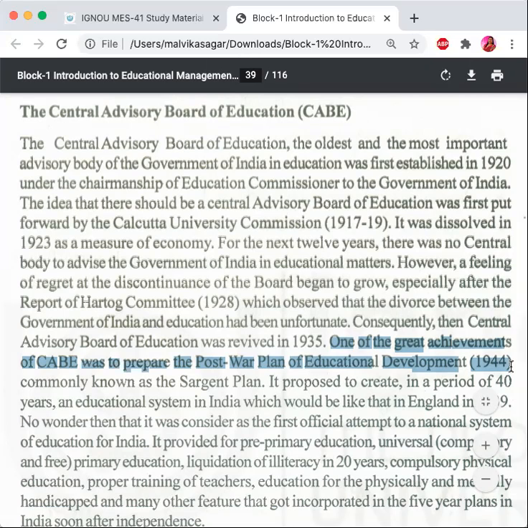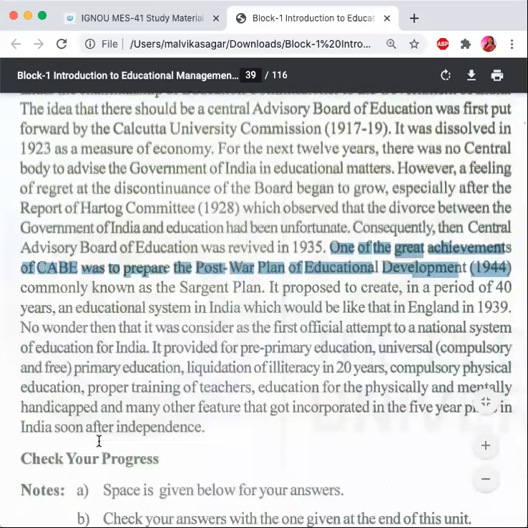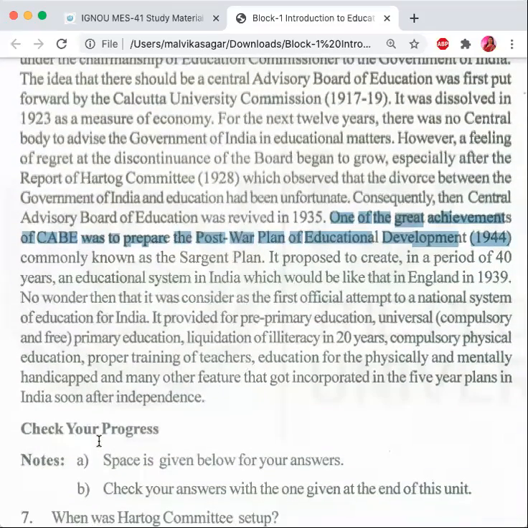It was also known as the Sargent Plan. It proposed to create, in a period of 40 years, an education system in India which would be like that in England in 1939. No wonder then that it was considered the first official attempt at a national system of education for India.